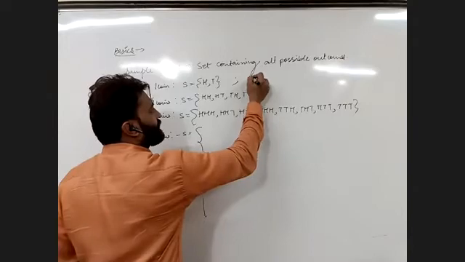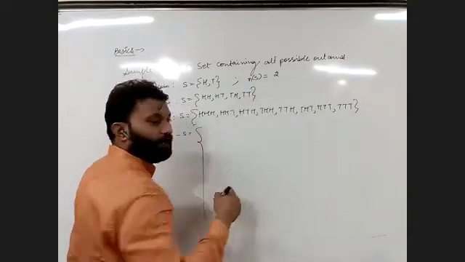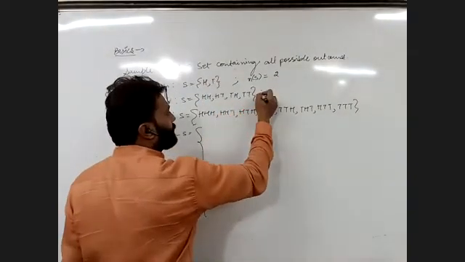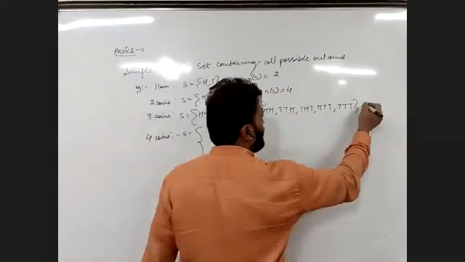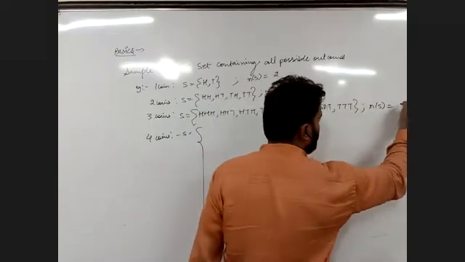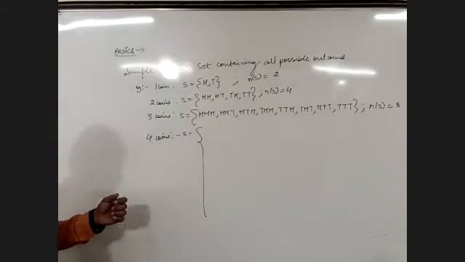If you notice, the number of elements in the sample space is actually 2 raised to the power number of coins. One coin, 2 raised to the power 1. Two coins, 2 raised to the power 2, that is 4. Three coins, 2 raised to the power 3, that is 8. Here, how many possibilities will be there? 16.